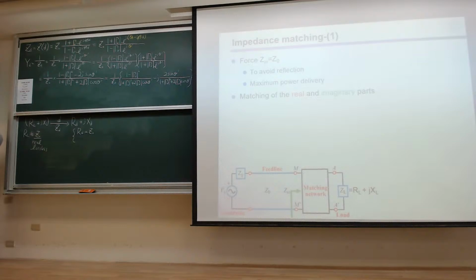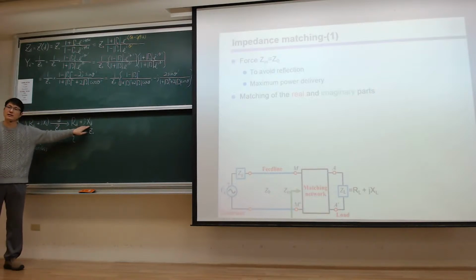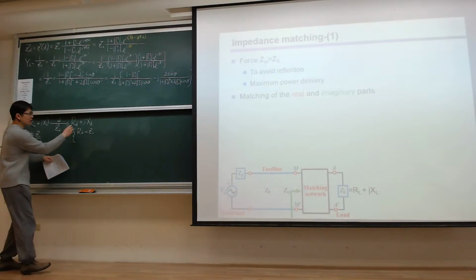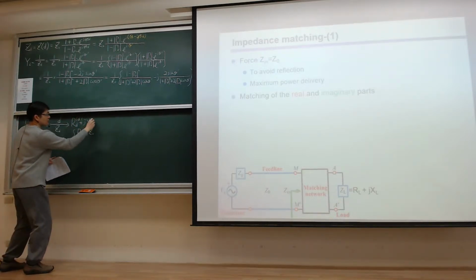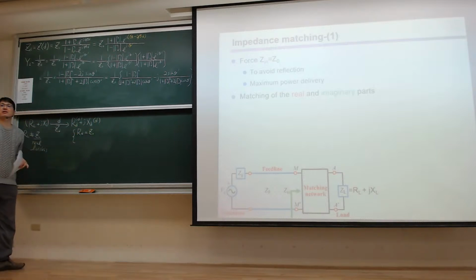I'm combining the load and the segment of the transmission line to function as an effective impedance. And then I know I can change the values in the real part and the imaginary part. So let me write explicitly for you. These are both functions of distance.